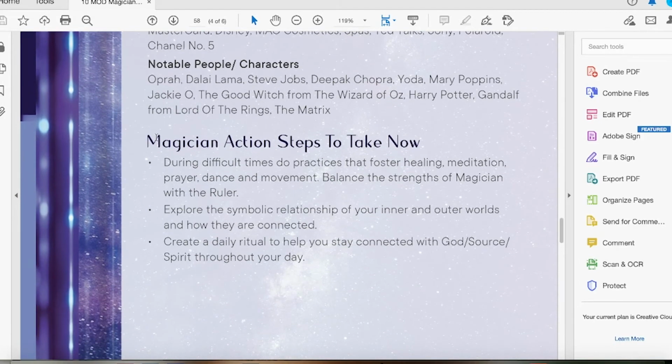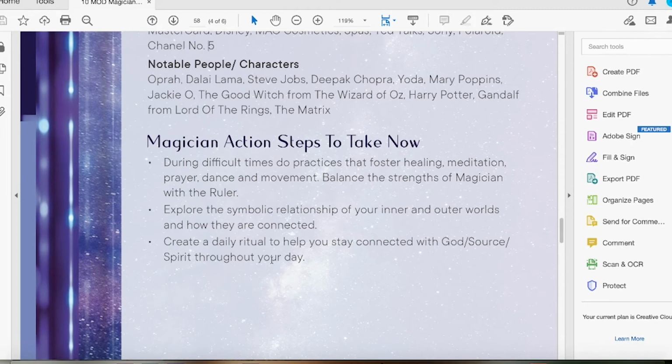And then we end here with actions to take now. And these specific action steps are based on your archetype, and taking all the information we just went through. So you definitely want to practice this. If you're reading this and you feel, I've never heard about this, you definitely want to start applying this, because it'll help you balance that archetype more.